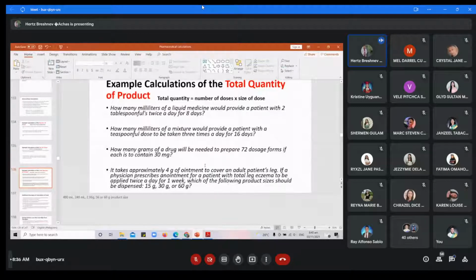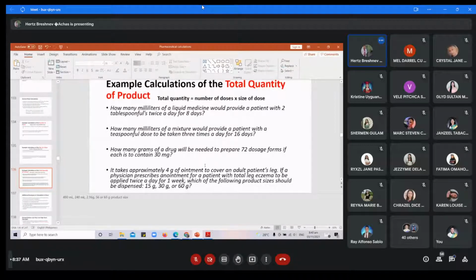If a physician prescribes an ointment for a patient with total leg eczema to be applied twice a day for 1 week, which of the following product sizes should be dispensed? 15 grams, 30 grams, or 60 grams? The point here is what the patient should buy. Okay? So please try to solve.